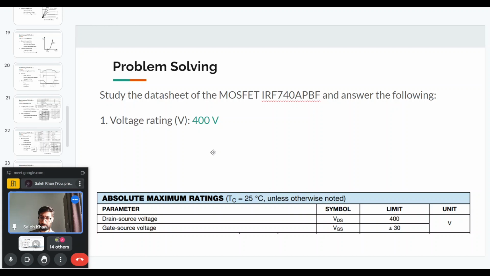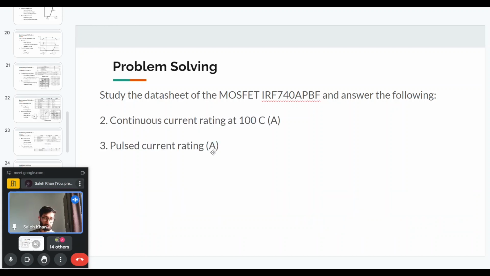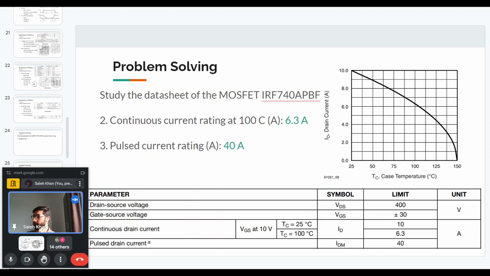Next, we are asked about the current rating. Here we have two terms. First, we are asked about the continuous current rating at 100 degrees centigrade, and then the pulse current rating. In the data sheet, we are provided the continuous drain current at two different temperatures, and also the pulsed drain current.